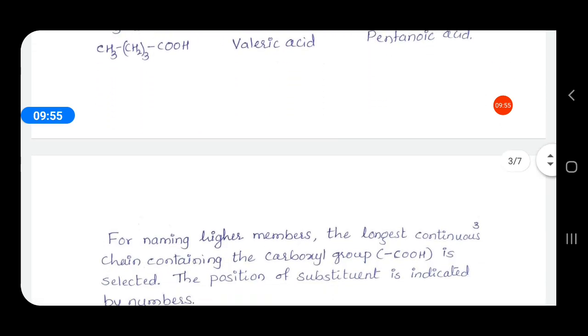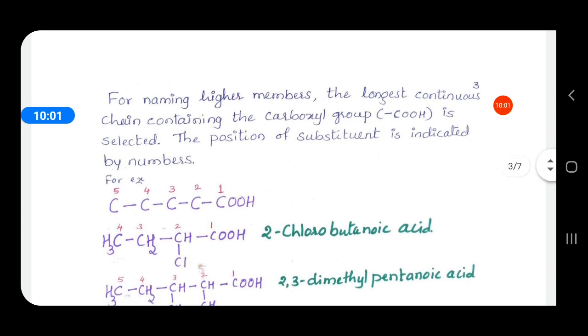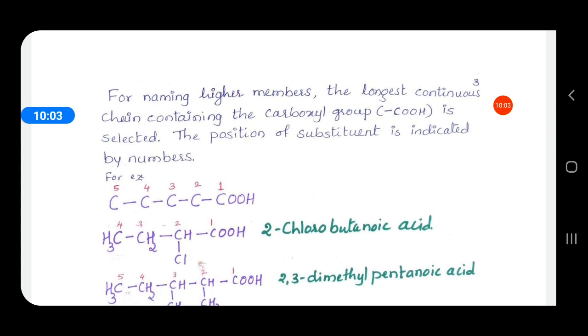So for naming higher members, the longest continuous chain containing the carboxyl group is selected. The position of the substituent is indicated by numbers. But in the common name, the position of the substituent is indicated by the Greek letters alpha, beta, gamma, delta.